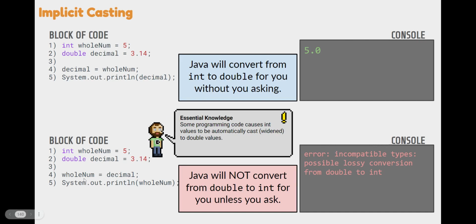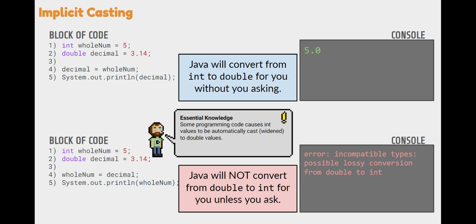In the example on the bottom left on line 4, you can see we are trying to take that double variable named decimal and we are trying to assign it to the variable named whole number, which is an int. We are trying to take a double and store it into an int. We know an int is not big enough. It doesn't have space for decimal places in it.